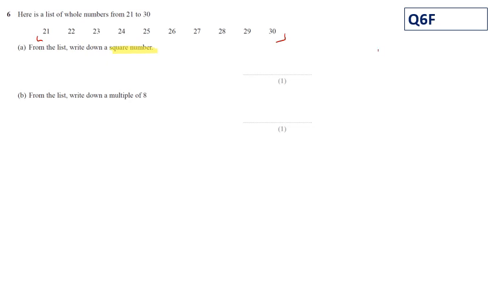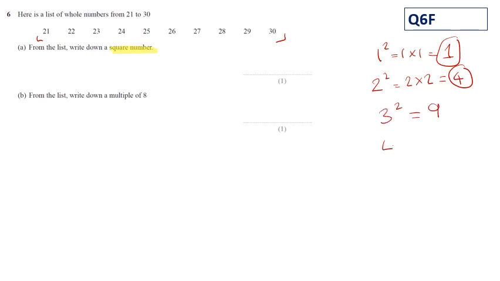So for example, 1 squared, which is 1 times 1, is 1, so 1 is a square number. 2 squared is 2 times 2, so that's 4, and 4 is a square number, and so on. So if I list my square numbers, 3 squared is 9, 4 squared is 4 times 4, which is 16, 5 squared is 5 times 5, which is 25.